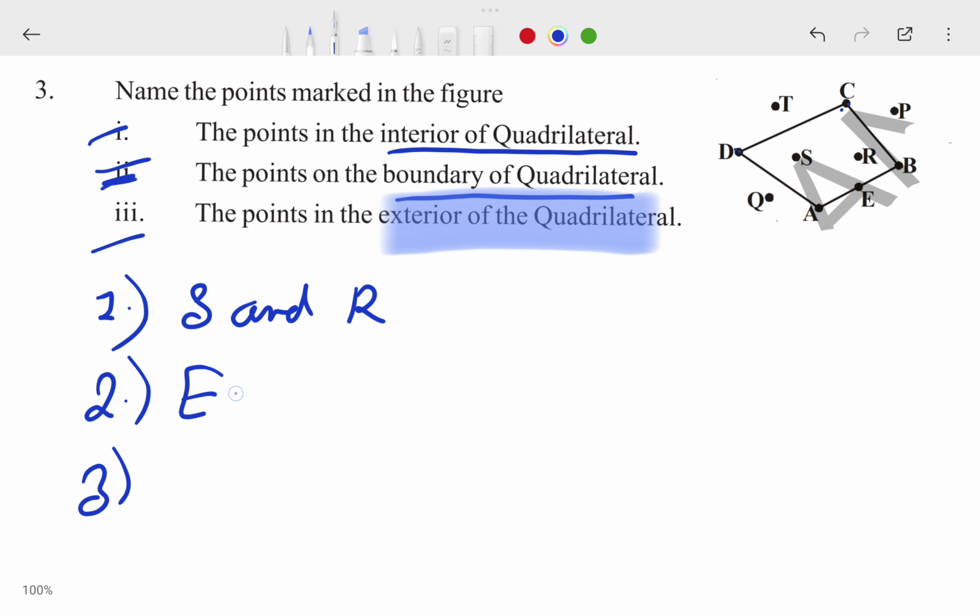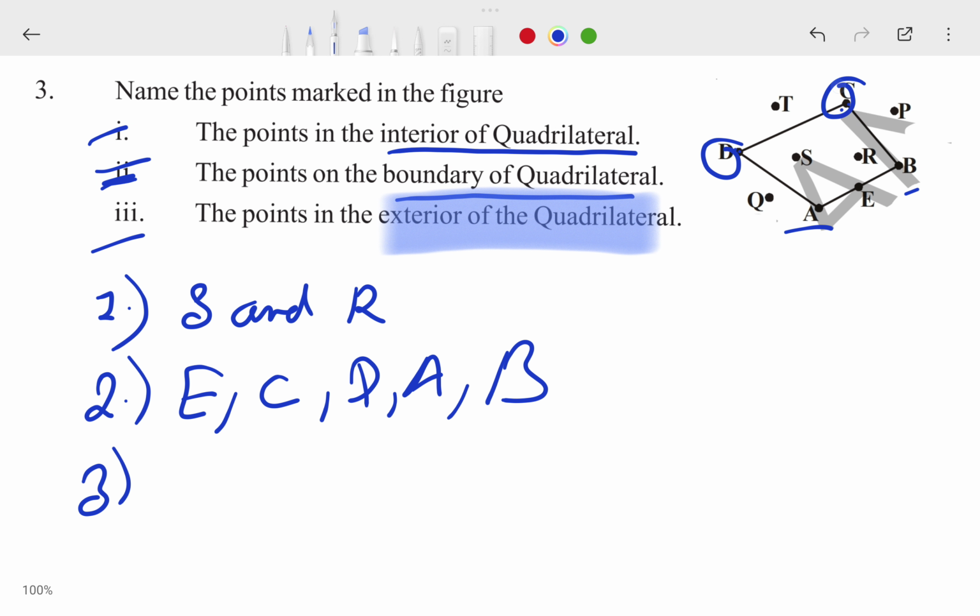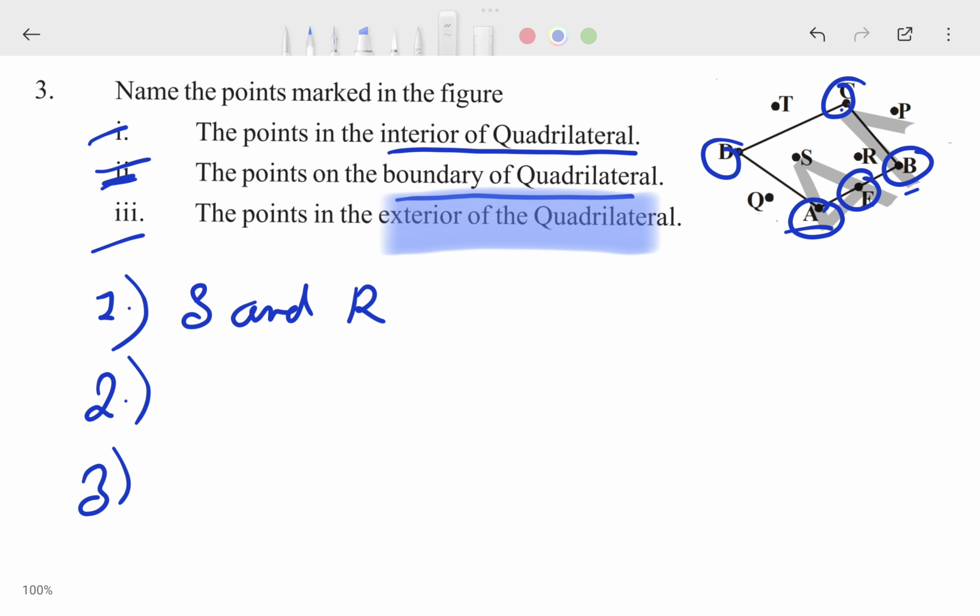You can write that C is on the boundary, D is on the boundary, A is on the boundary, and B is on the boundary. I will write it again in the proper manner.